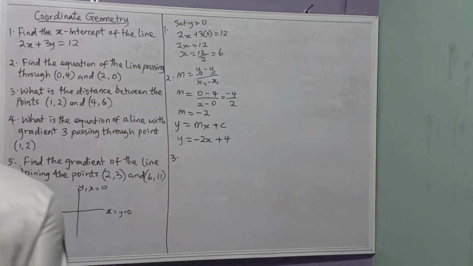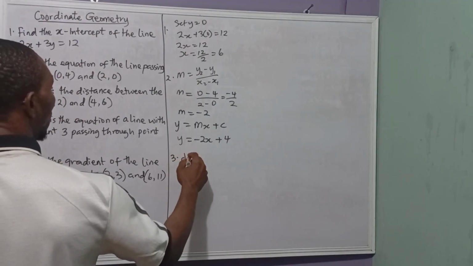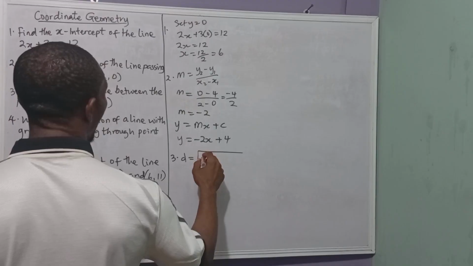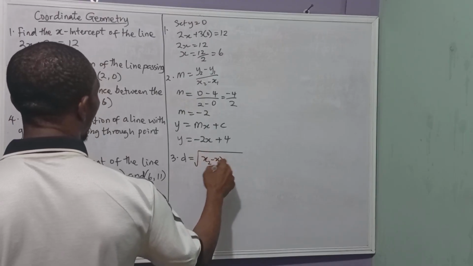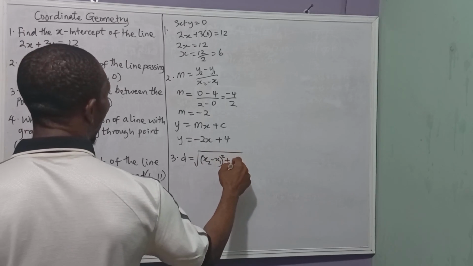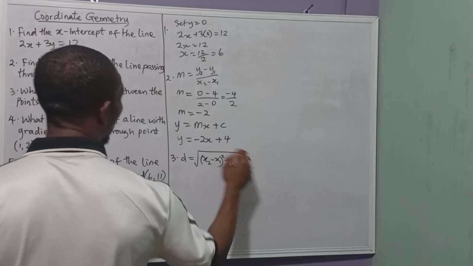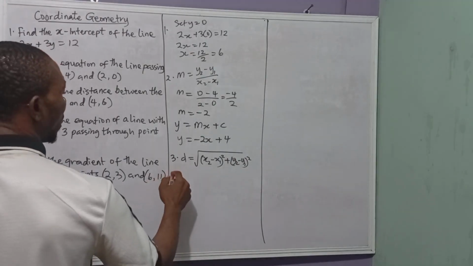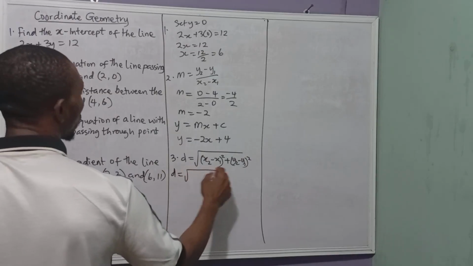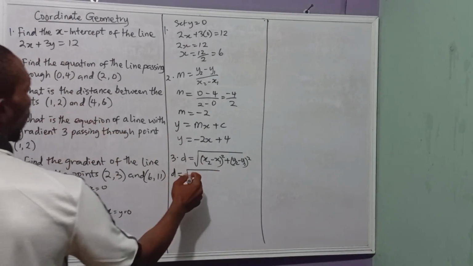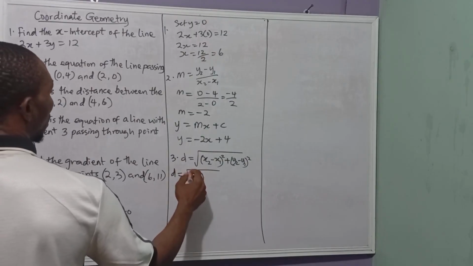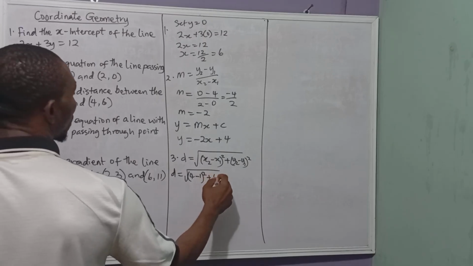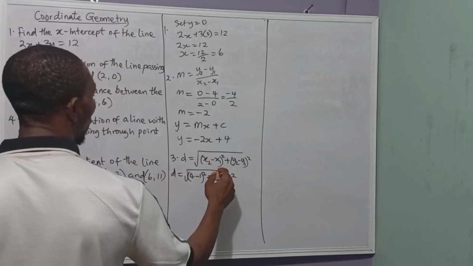Now, question 3 asks, what is the distance between points (1, 2) and (4, 6)? So we are using the formula: distance d equals root of (x2 minus x1) squared plus (y2 minus y1) squared. So our d would be root of (4 minus 1) squared plus (6 minus 4) squared.